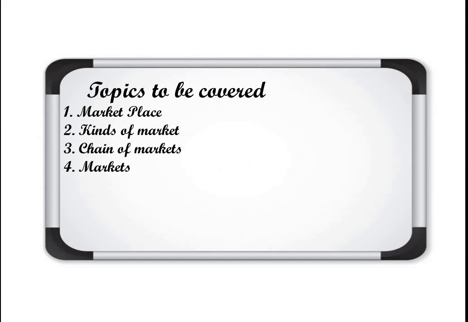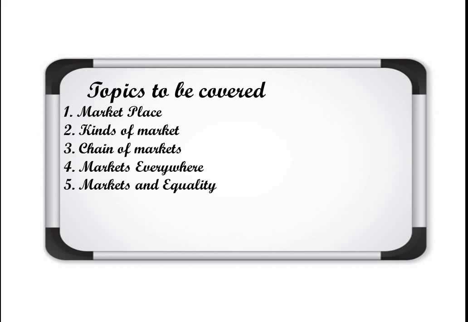Then number 4, markets everywhere. We know that nowadays we can have the market everywhere, like from home even we can buy different things through internet, through different sites. So markets everywhere we discuss here. Then number 5, markets and equality.